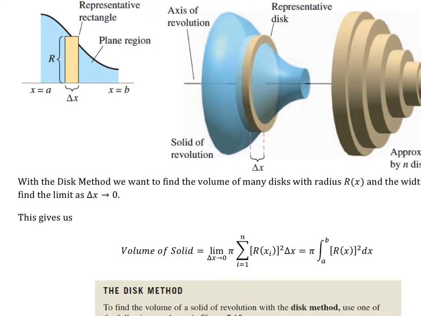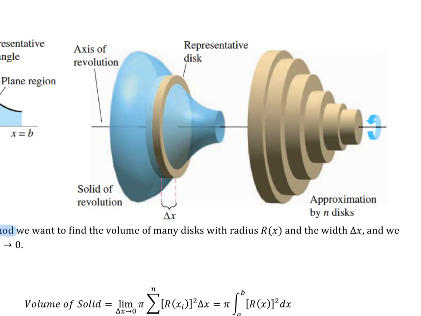So this is called the disk method. That's a good name for it, since we're talking about these disks. And then we want these disks to get thinner and thinner, right? Can you see how that works? So if these disks were really thin, right now this is kind of a bad approximation here, right? This brown looking stair-steppy thing doesn't look a whole lot like this blue funnel, this blue solid.